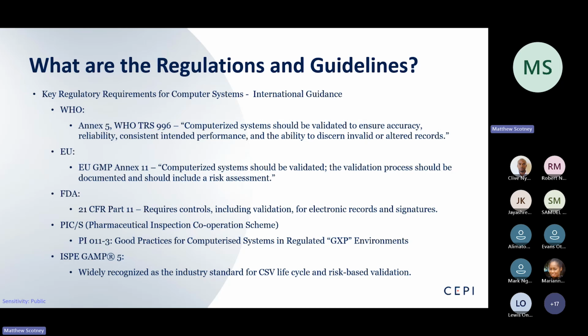We have a similar thing within Europe, similar thing within the American FDA. And then finally, we look at what's called the ISPE GAMP 5. ISPE is the International Society for Pharmaceutical Engineering, and GAMP 5, which we'll discuss in more detail a little bit later, is widely recognized as the industry standard for how you go about conducting validation of a computerized system.